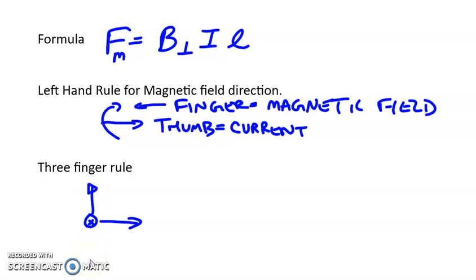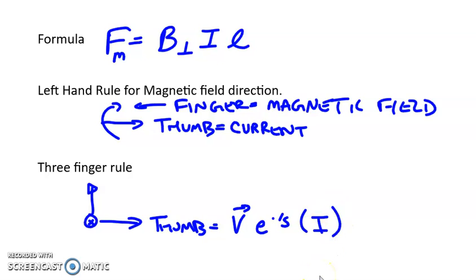And the left hand, the thumb, shows us the velocity of electrons, or in this case it's going to be the current, the way that the electrons are moving. The pointer is going to be showing us the direction of the external magnetic field.